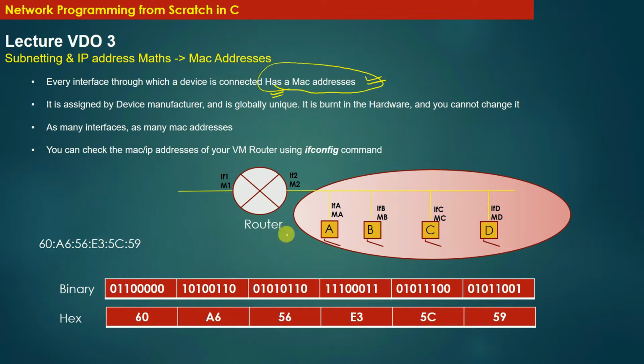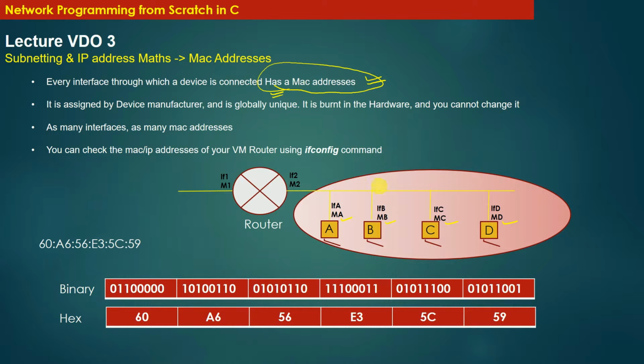You can see in this diagram that each interface of a device has a MAC address. Interface A of device A has a MAC address MA. Similarly, you have the MAC addresses MB, MC and MD. These MA, MB, MC and MD are only symbolic representations of MAC addresses, just for convenience.